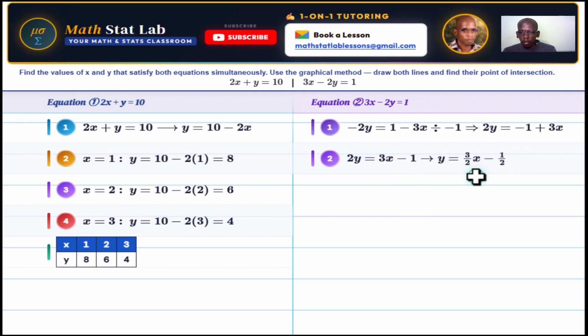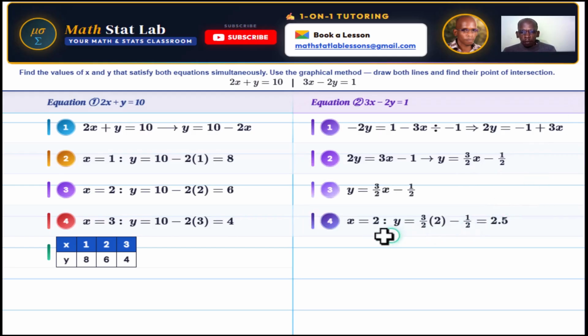We can now start randomly guessing values for x. We can start with when x is 2, how about y? When x is 2, y will be equal to 3 over 2 into 2, because we said x is 2, then minus half. So it will be 3 over 2 multiplied by 2. This 2 cancels with this one. We remain with 3. Then 3 minus half will be 2 and a half, which is equivalent to 2.5.